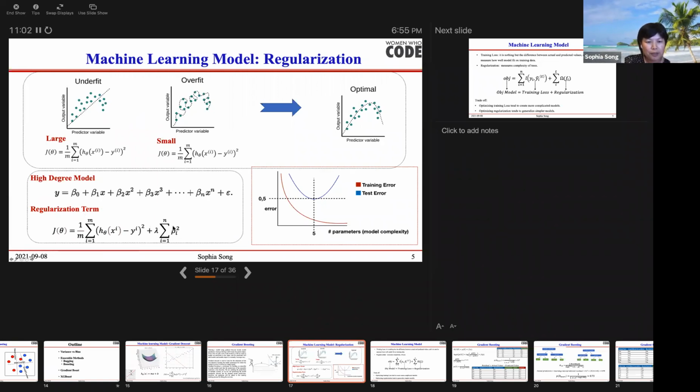However, because beta squared is also a positive value, in this situation, to make the whole item as small as possible, you have to reduce your parameter values. It means you reduce your parameter weight, or sometimes even eliminate some of the parameters.